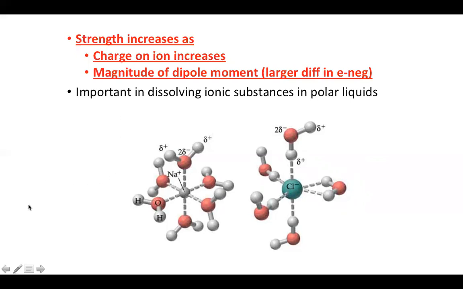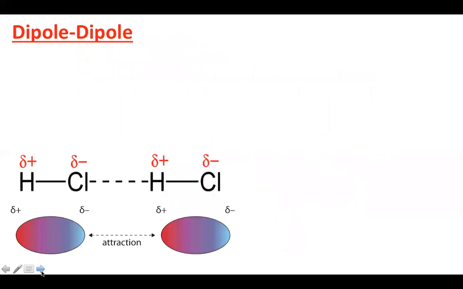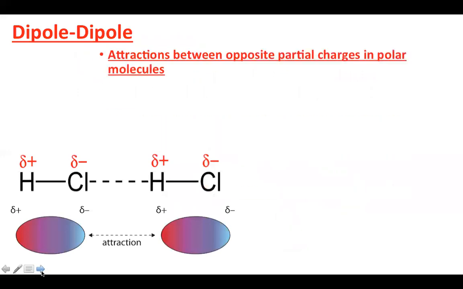Okay. All right. So that was ion dipole interactions. The next one we're going to look at is dipole-dipole interactions. And these are really similar to the ion dipole interactions. But instead of there being an ion and a polar molecule, dipole-dipole looks at two polar molecules interacting with one another.